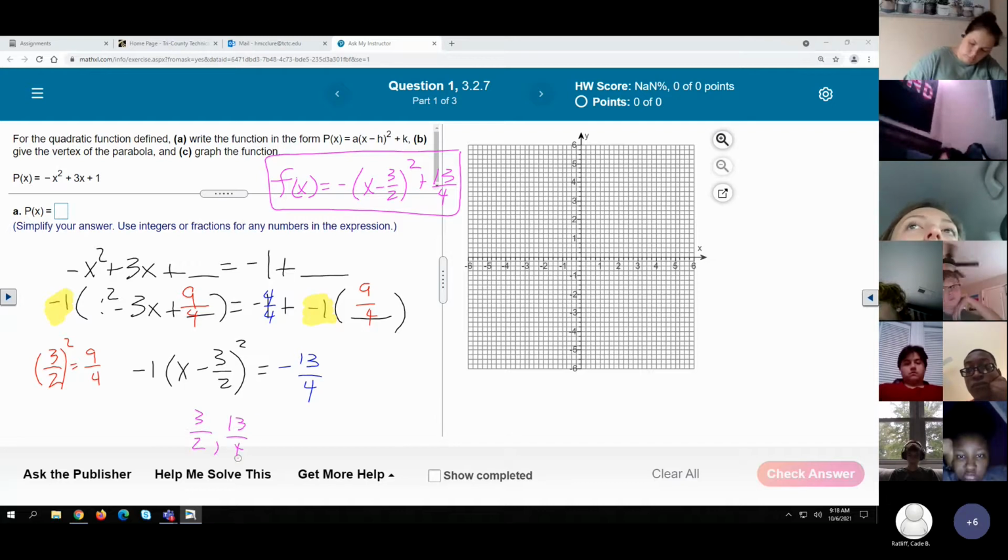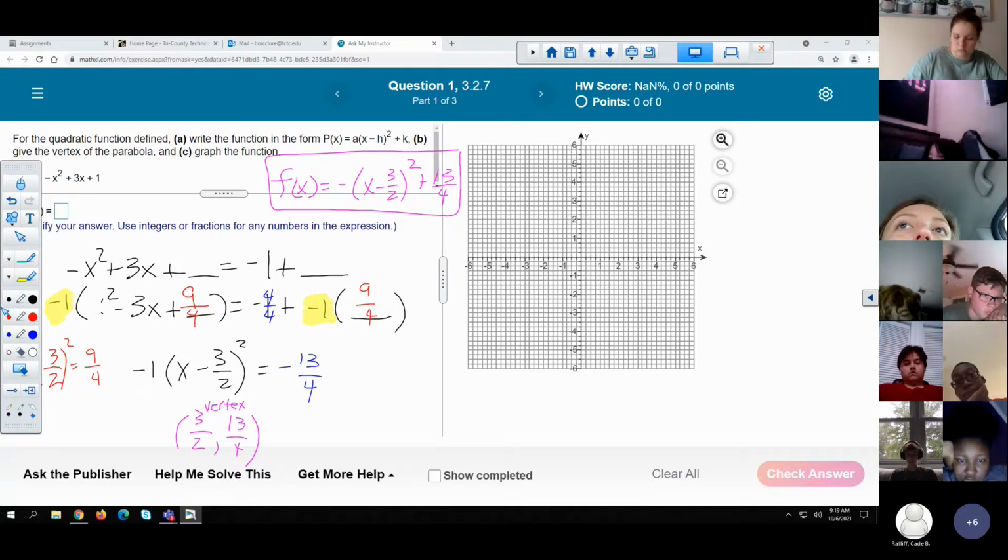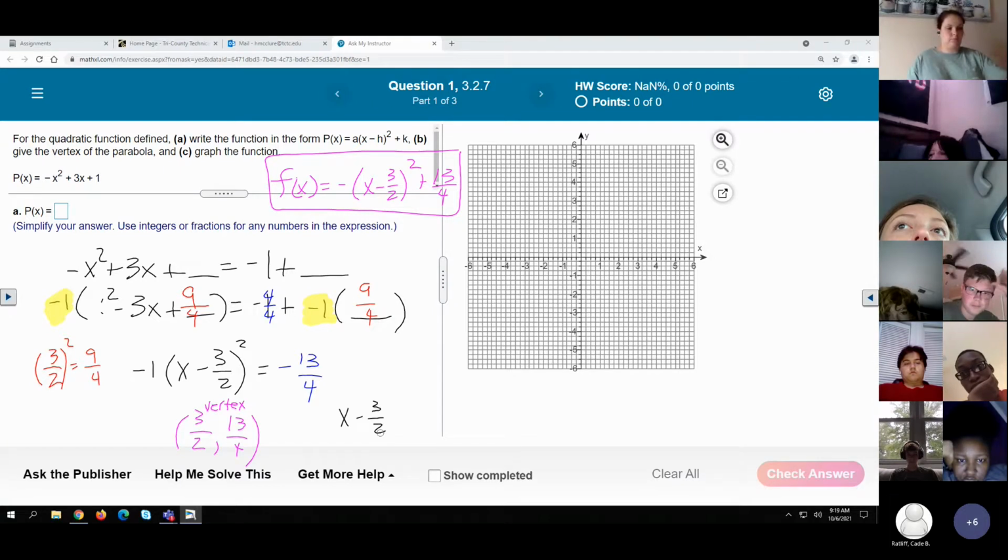That's the vertex. That's 1.5 and 3 1/4. Now solve it, and you get x minus 3/2 quantity squared is equal to 13/4.